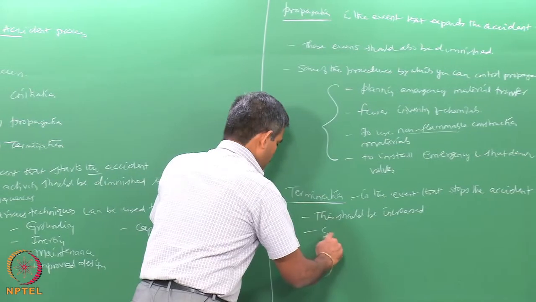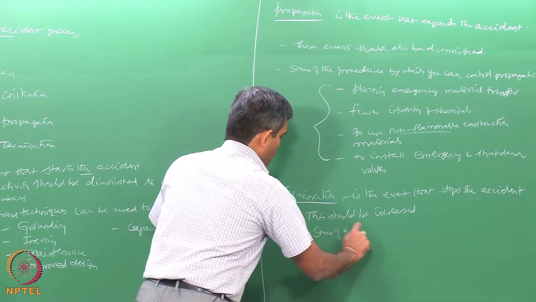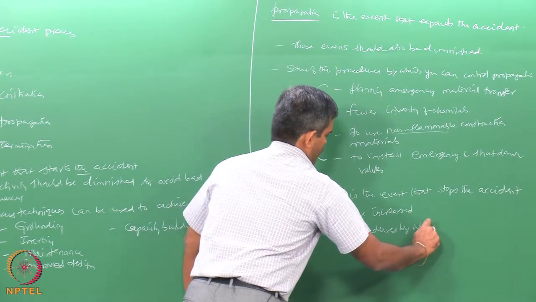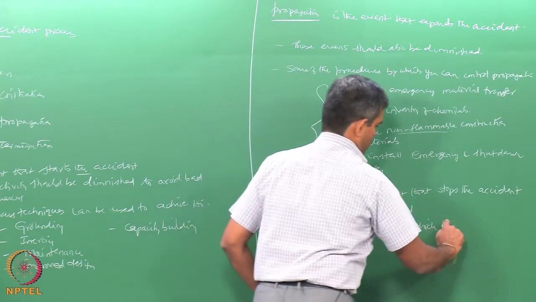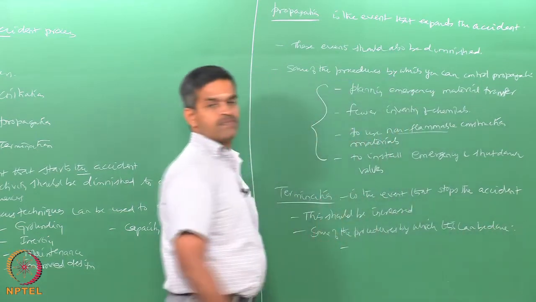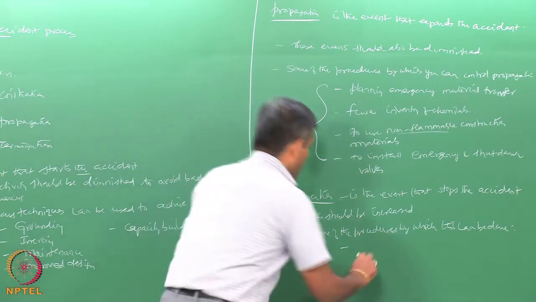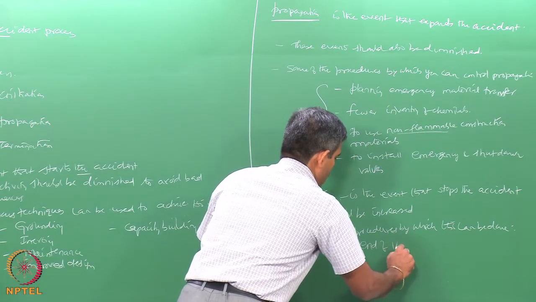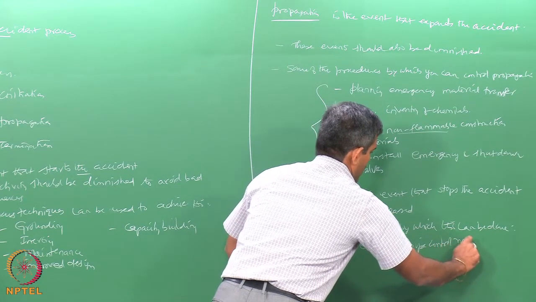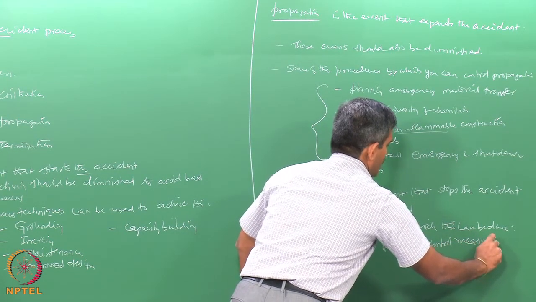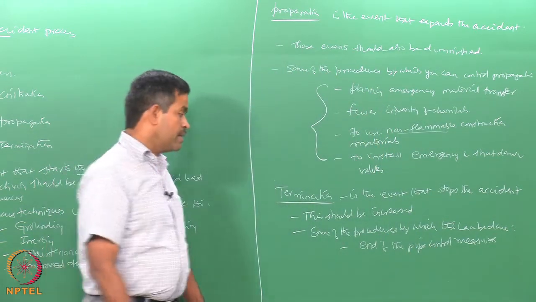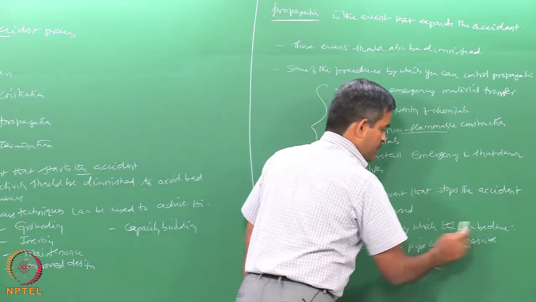Some of the procedures by which this can be done could be end of the pipeline control measures. Wherever you have the flanged end or a dummy end of the pipeline in a given process line, end control measures should be very carefully designed.